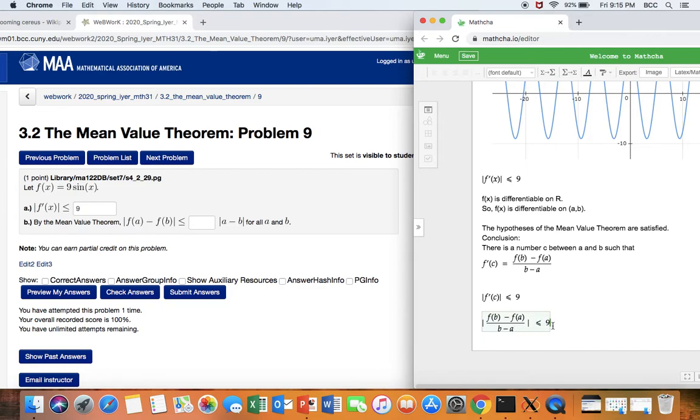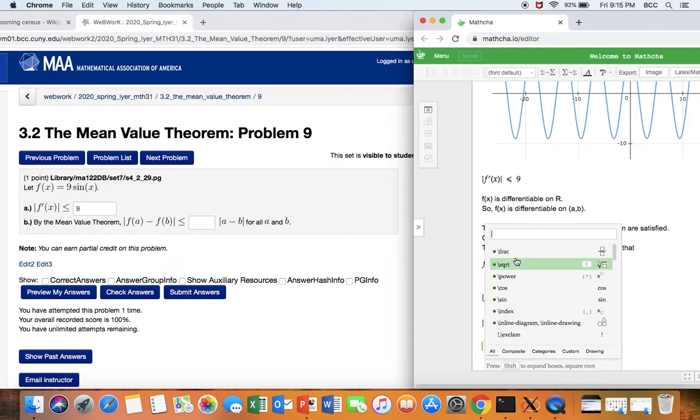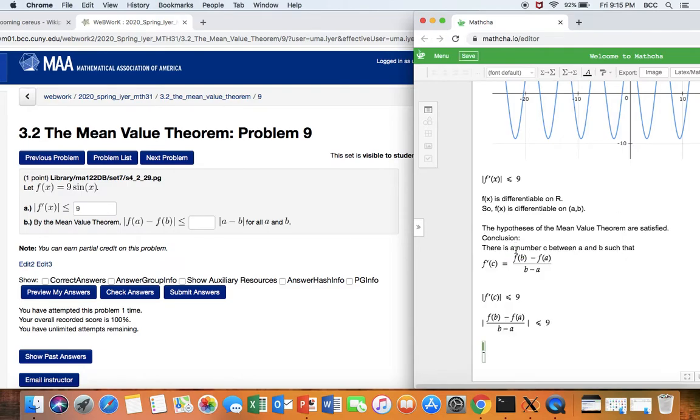Now notice I can simplify this. The absolute value of a fraction is the absolute value of the top over the absolute value of the bottom. So I have an absolute value upstairs, f(b) minus f(a), and an absolute value downstairs, b minus a. This fraction is less than or equal to 9.